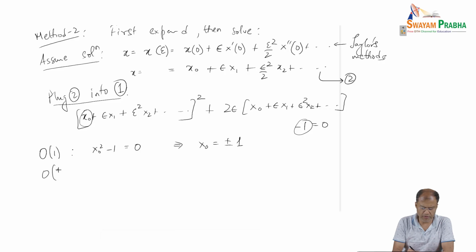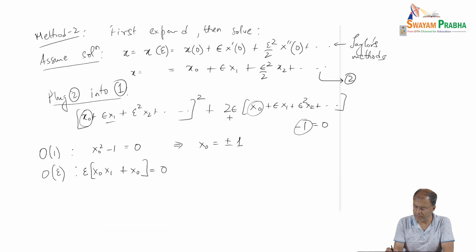And now similarly, if we solve the order epsilon to the power 1 expansion, we club all the order epsilon terms. In the square, we get the following term: 2 x naught x1, which has an epsilon multiplied outside. So 2 x naught x1 plus 2 x naught is equal to 0.